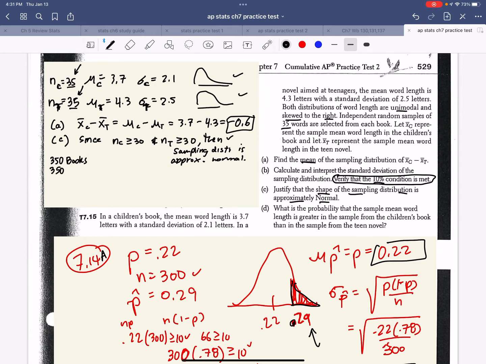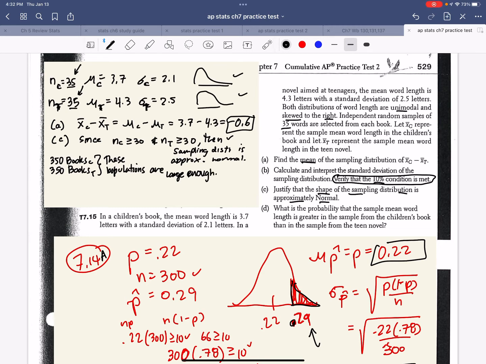So I multiply these numbers by 10, and I say it's safe to assume there's more than 350 children's books and textbooks, and these populations are large enough.